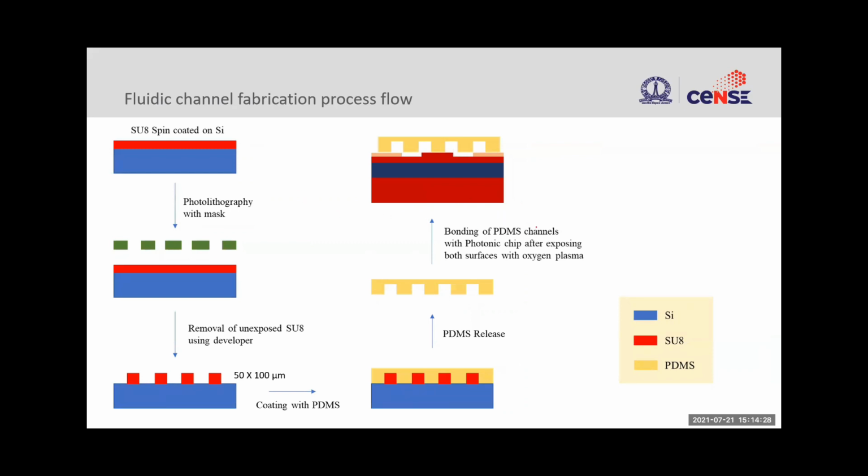In order to make the fluidic channels, we use SU8 as a template. We start by coating about 50 micron, in this case 100 micron of SU8, and then we use optical lithography to pattern these structures.